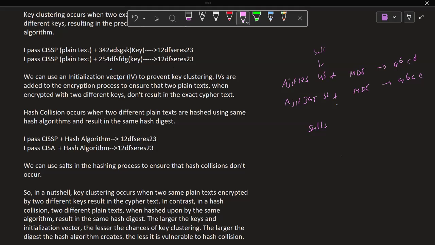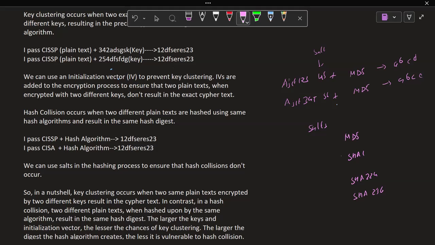The larger the length of the digest it creates, the less vulnerable it is to hash collision attack. In simple words, if you have MD5, SHA-1, SHA-224 and SHA-256, MD5 is the most vulnerable and SHA-256 is the least vulnerable, because the larger the length of digest created, the less vulnerable it is to hash collision attack.